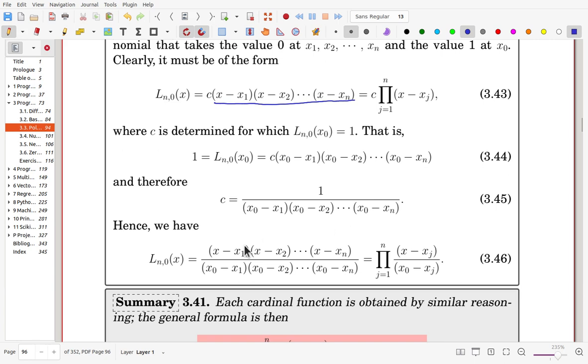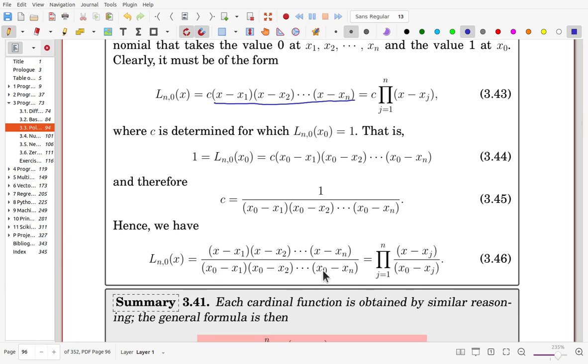Now, you can see a pattern here. It cannot have the x minus x0 factor, because at x0, the value must be 1. But for other points, the value must be 0, so we have this factor. And then we copy them to the bottom, and x is replaced by x0. So that's it.